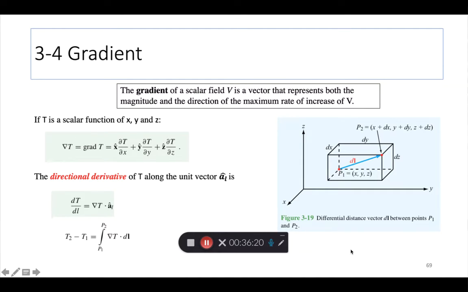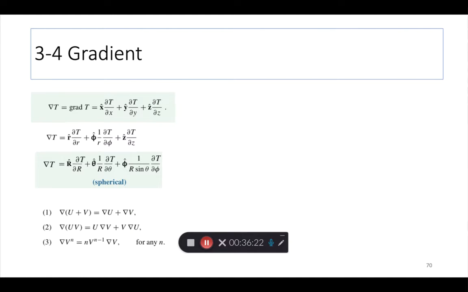Okay. All right. So with that, I will move on to the next slide, slide 70, where all three definitions of grad T are shown: in the Cartesian system, which we just saw, in the cylindrical system with r, phi and z coordinates, and in the spherical system where we have capital R, theta and phi.